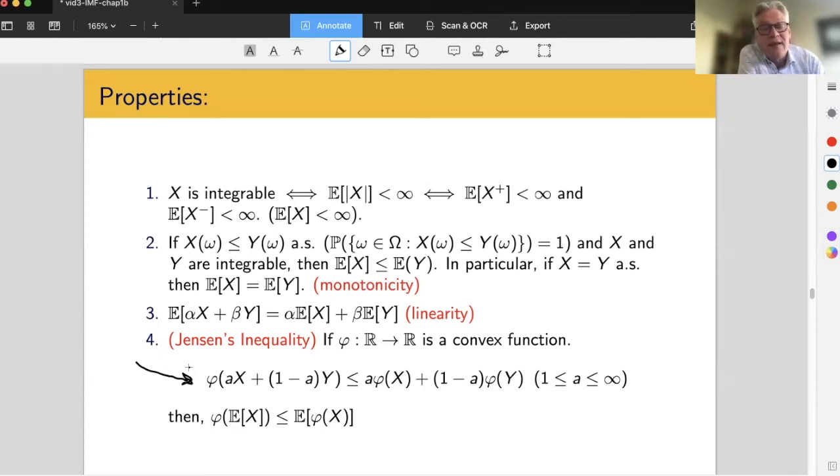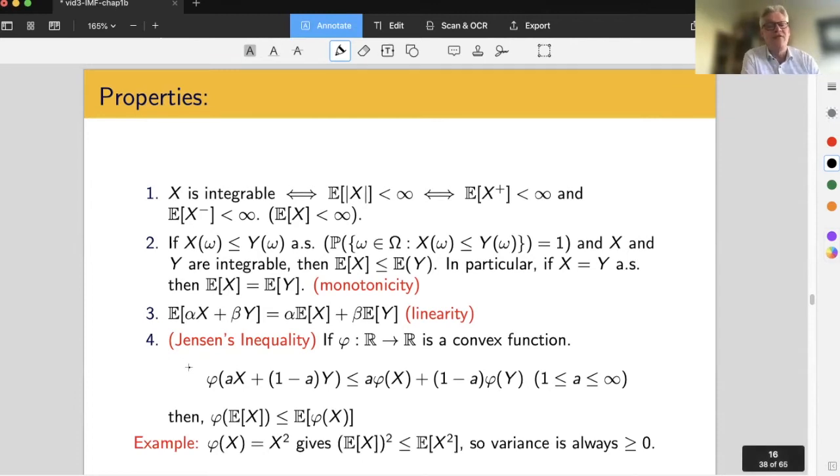So when phi is a convex function, then one can show a very useful property: the function phi of the expected value of X is less or equal than the expected value of phi of X. So the function of the expectation is less or equal to the expectation of the function. And here we have a very interesting and handy example.